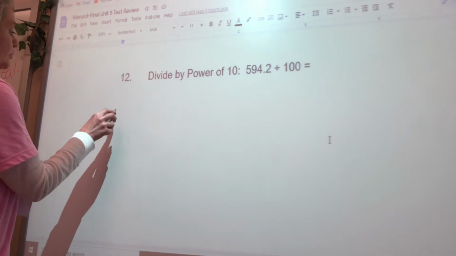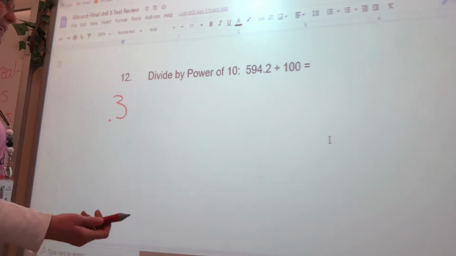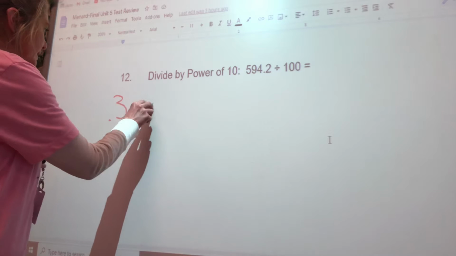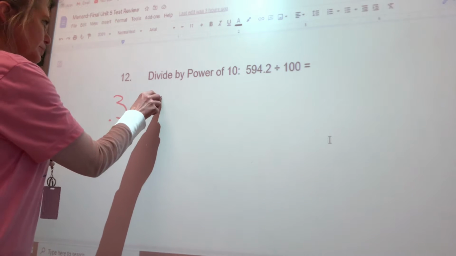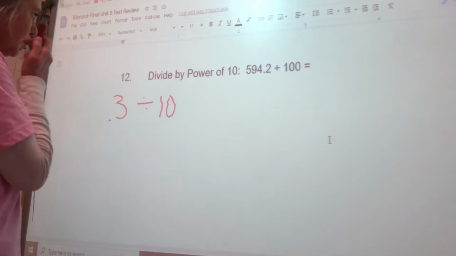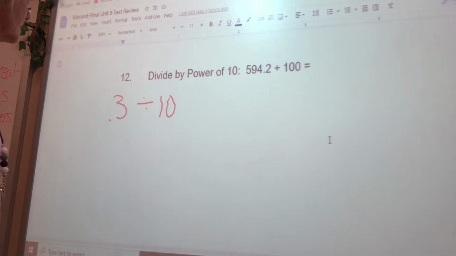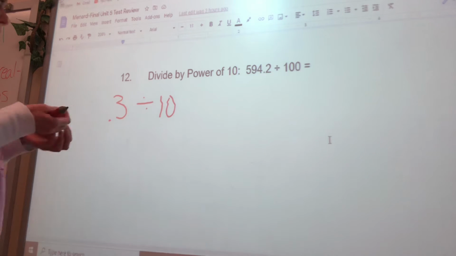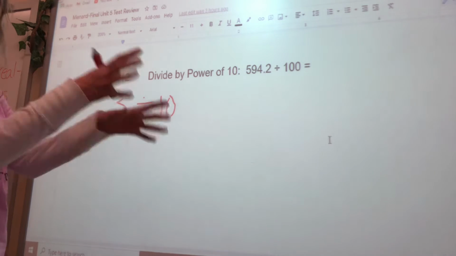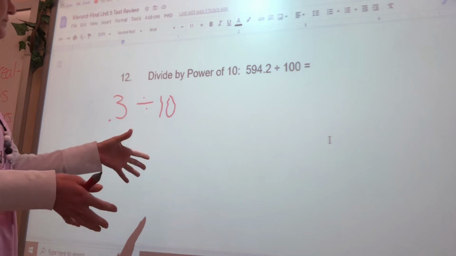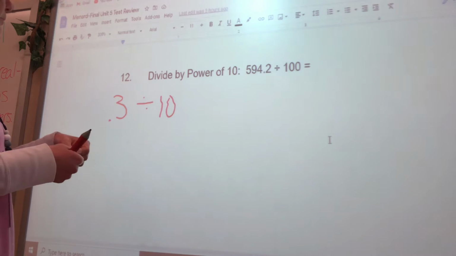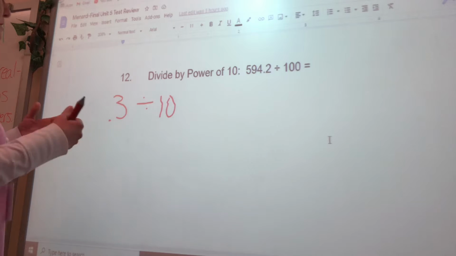Let's say I have 3/10 of something, and I divide that up by 10 more. It makes sense that if I had something less than a whole and I divide it up even more times, by another multiple of 10, then that number would become even smaller.